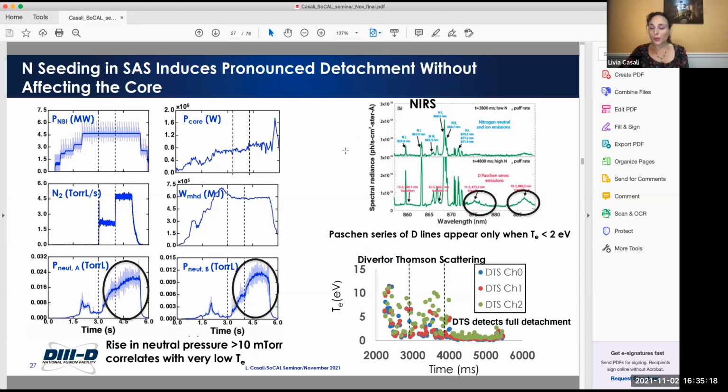And this is independently confirmed by the infrared spectrometer, which detects the appearance of the Paschen line series, which only appears when the temperature is below 2 eV.